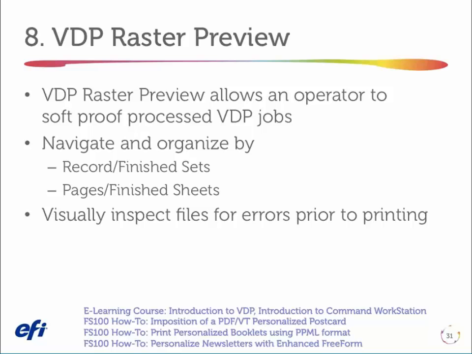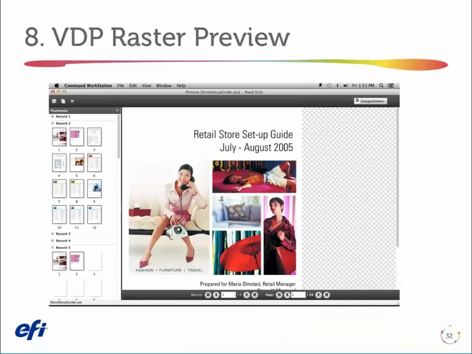VDP Raster Preview offers the same record-based and sheet-based navigation that we demoed in our Fiery Impose. So when you have processed your document and open this job in Preview, you will see that we use a similar method. On the left-hand side, there's a records, number of pages per record, and in the bottom you are able to navigate based on records or based on sheets.